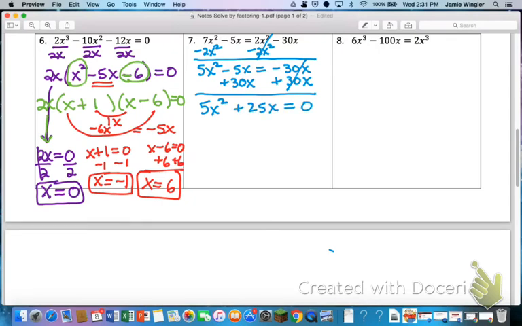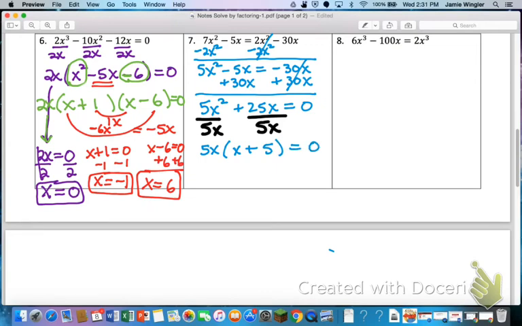On this particular problem, I can factor out a GCF. These are both divisible by 5 and x. That's their common factor. So I can factor out a 5x, which leaves me with x plus 5 equals 0. This is not a quadratic.